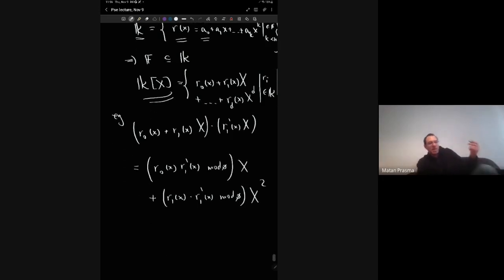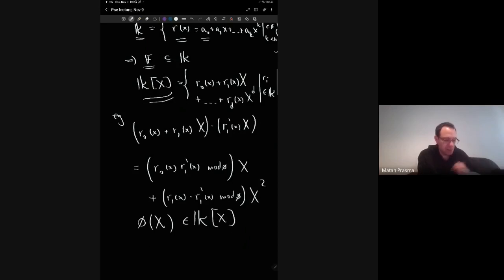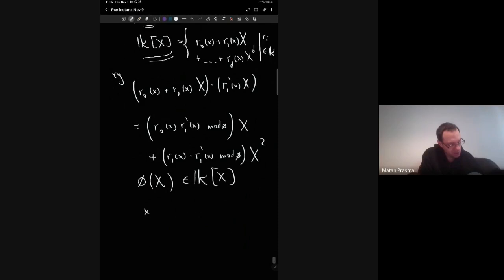Now, in K capital X, since it contains F, and phi originally was a polynomial with coefficients in F, I can consider phi with capital X as a polynomial in K capital X. Okay, but in K capital X, I have the element which I can call R_x.